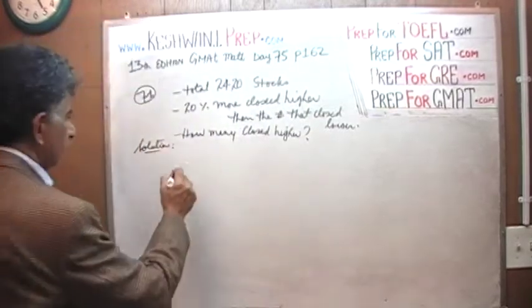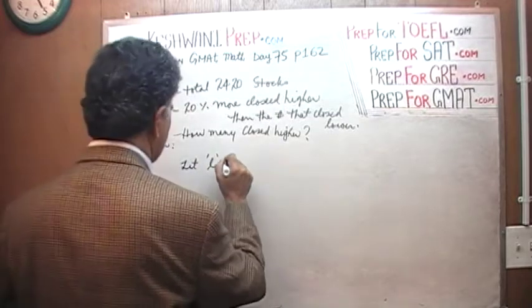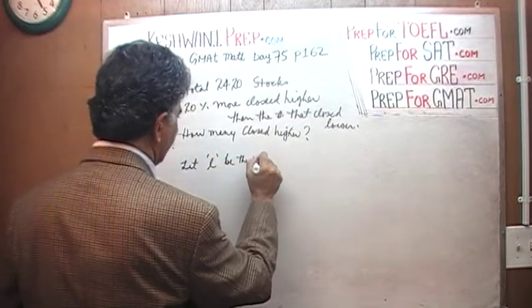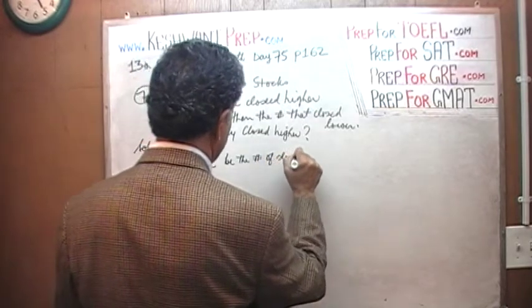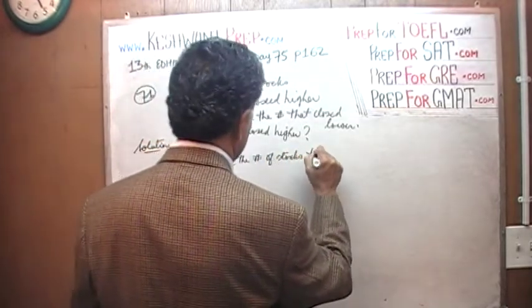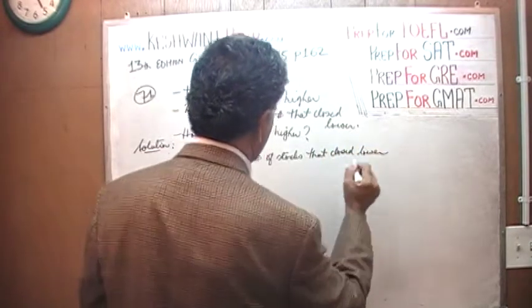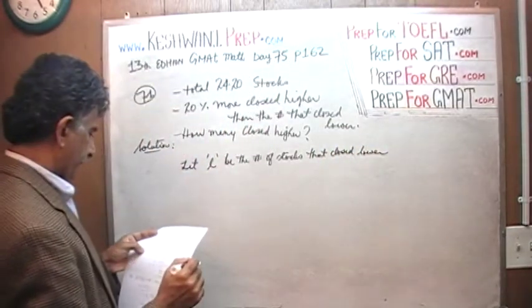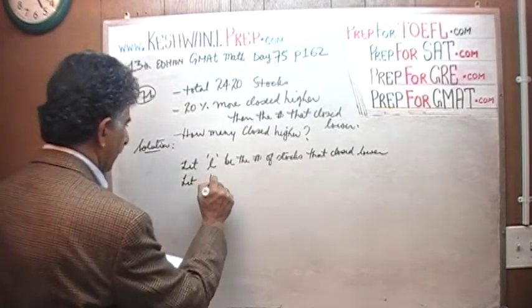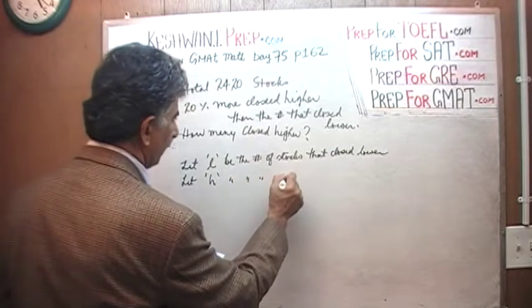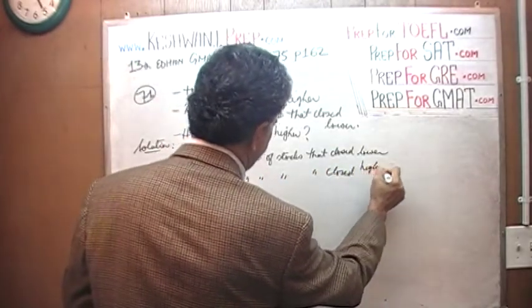So here's the solution. Let L be the number of stocks that close lower, and let H be the number of stocks that close higher.